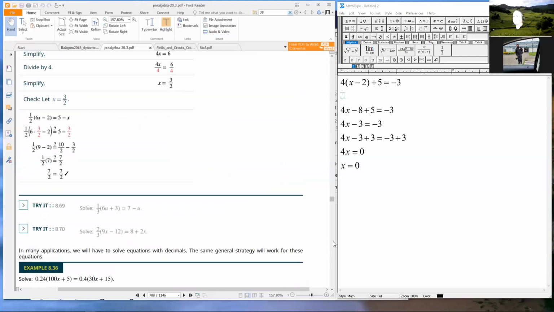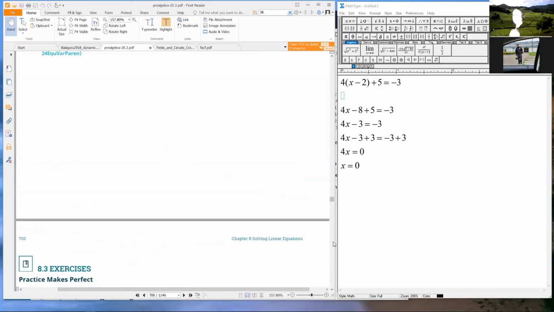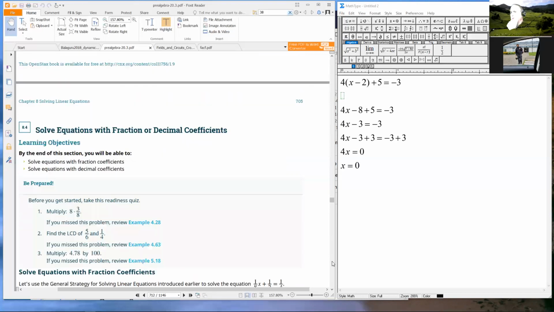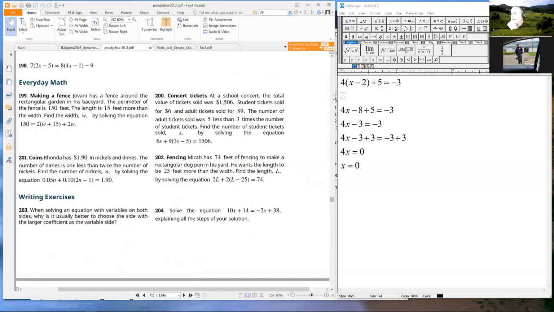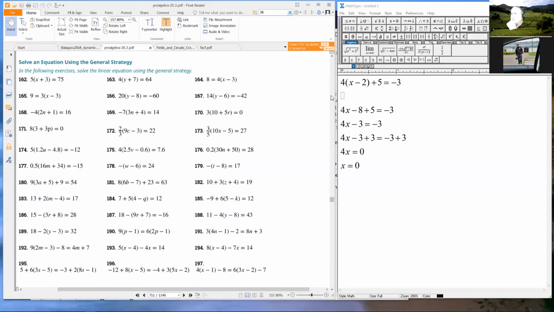All right. I think I'm going to stop there. And what I'm going to do is assign some problems out of this section. And then maybe tomorrow we can come through and do the ones I've assigned.